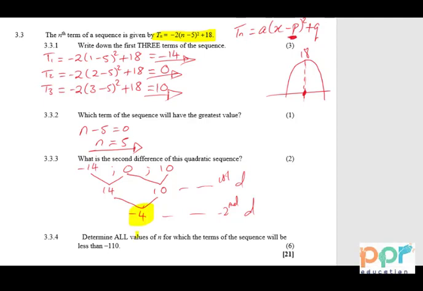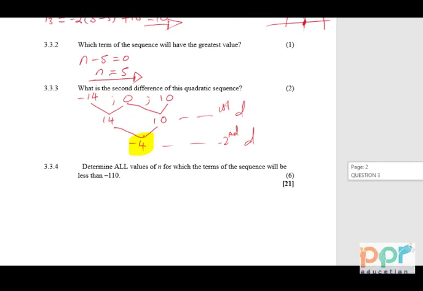Okay. And then the last question, the last but not least, it says determine all the values of n for which the terms of the sequence will be less than negative 110. So it means in this formula we were given, where will it be below negative 110.